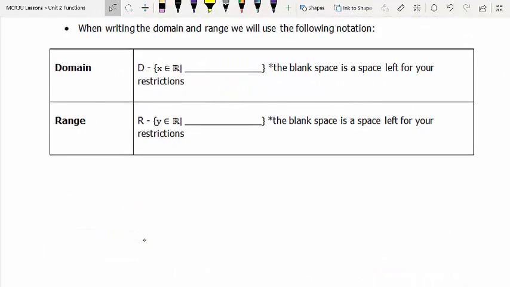So, if you are given a function and you are asked to write the domain and the range of it, here is what you would do. You always write D for domain, R for range, and then equals, open a bracket, and then inside of the brackets you talk about what x values are present in the function. So if the function you're given encompasses every single x value possible, for example, a true quadratic, written like this, you know that that quadratic extends, so every single x value is going to be a part of this function, right?